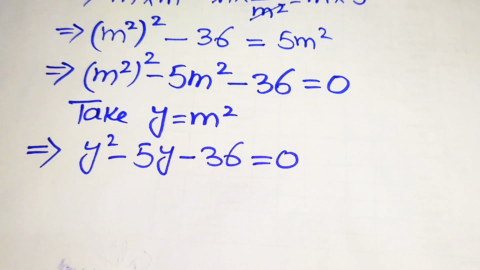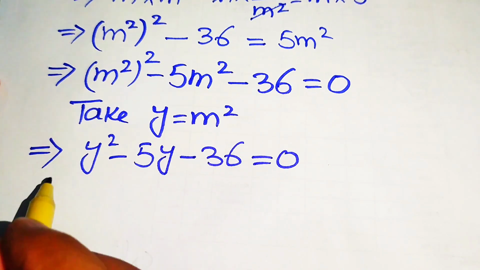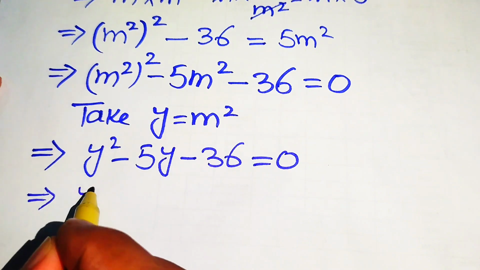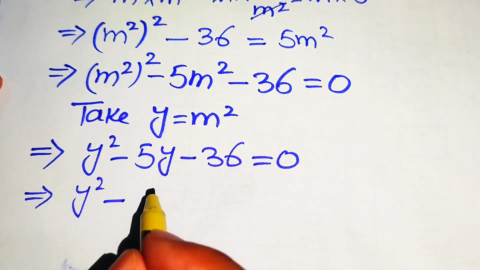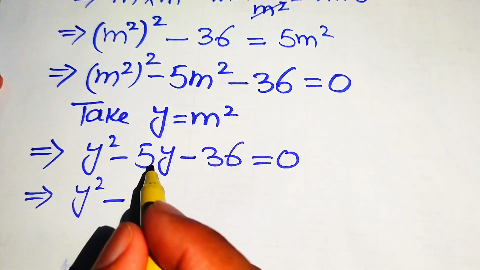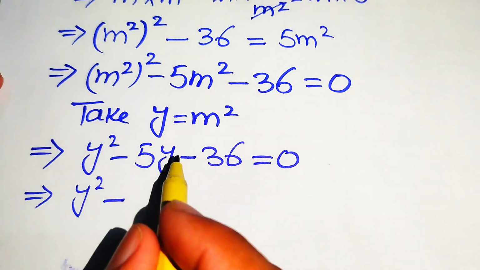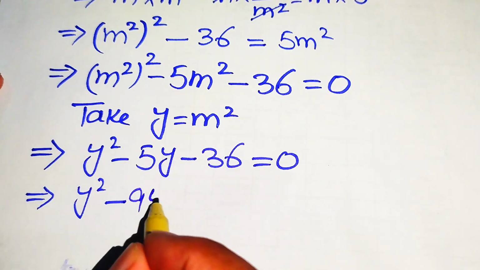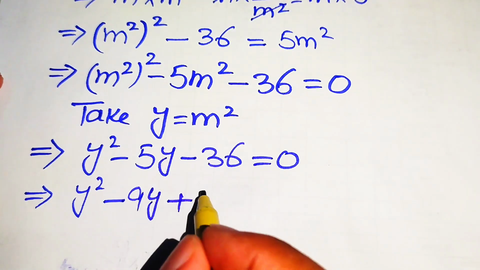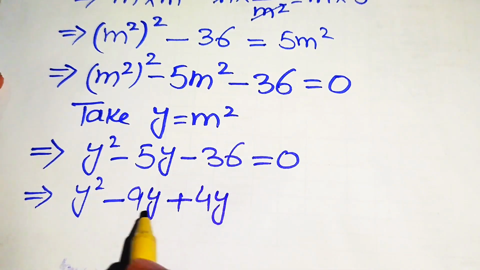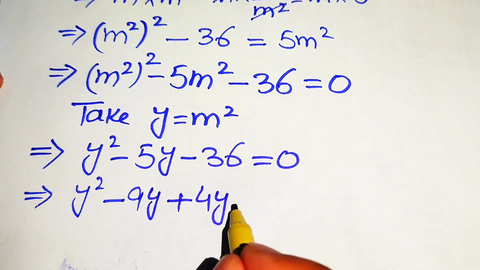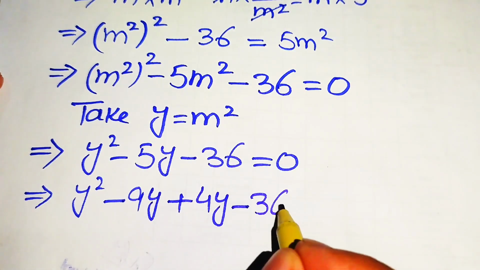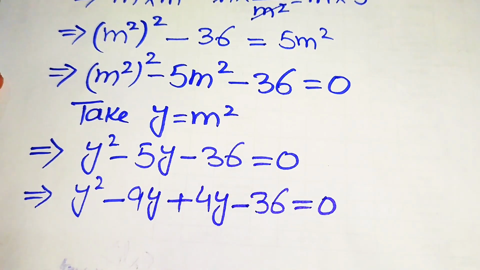Now we easily make the factors of this equation. The factors of this equation are: y square minus, we break the middle term, we write this minus 5y as minus 9y plus 4y, because minus 9 plus 4 becomes minus 5, and this minus 36 equals 0.